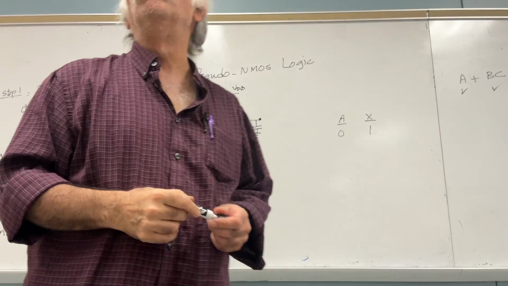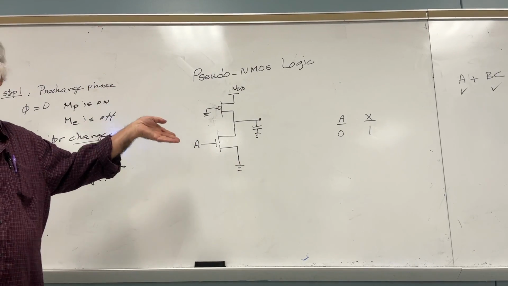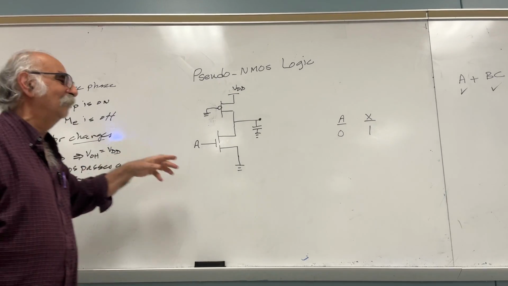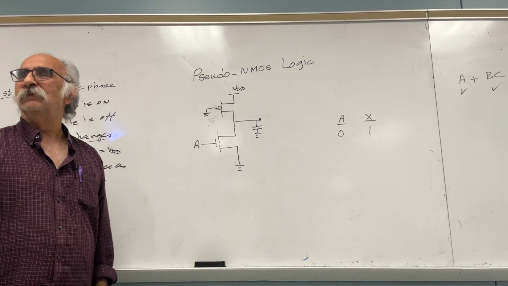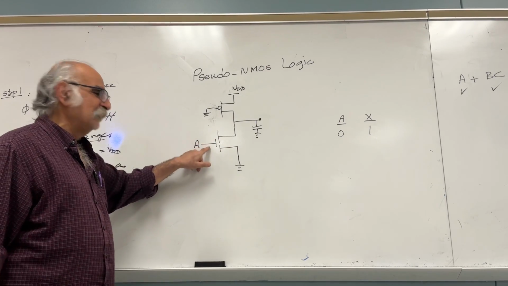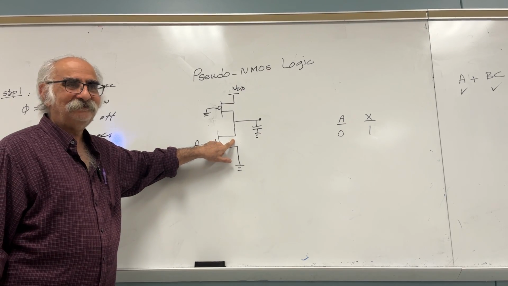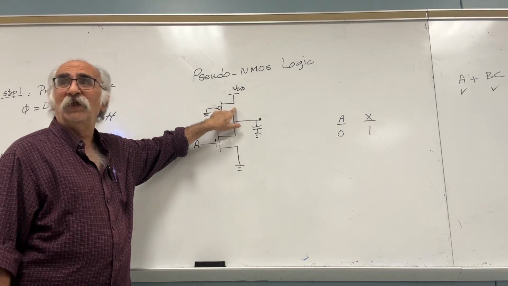Okay, good. One more time. By the way, this one also was used in some applications, but it has one major problem. I want you to understand it before we go to the sequential logic. One more time. If A is 0, working or not working? Not working.